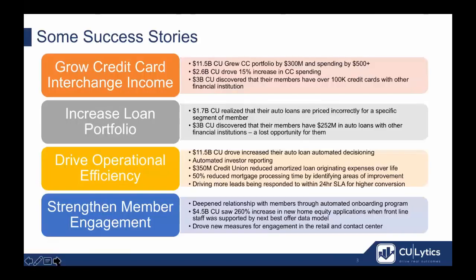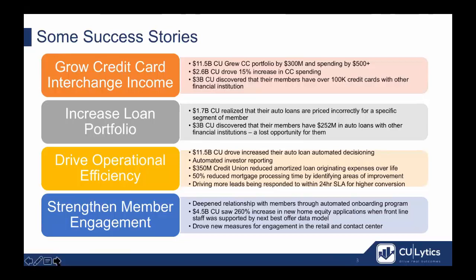So here are some of the success stories that we see within the industry. Those success stories based on data span credit unions of all sizes. In conversations I've had with multiple leaders in the industry, we talk about how credit unions have a distinct advantage.